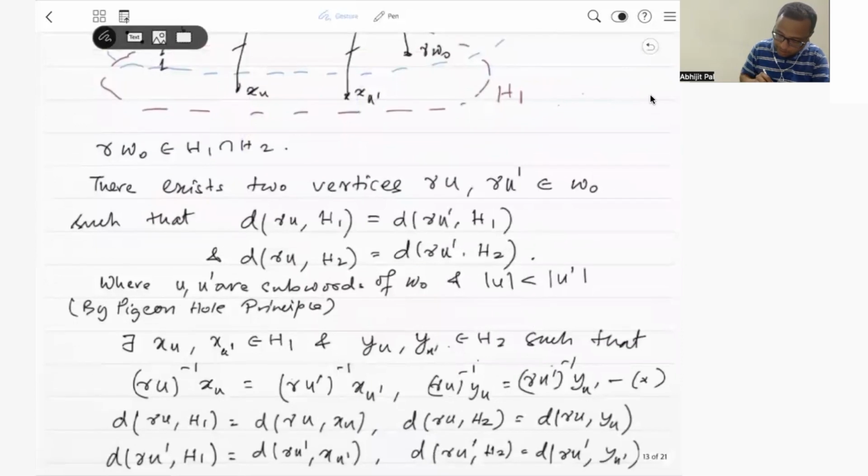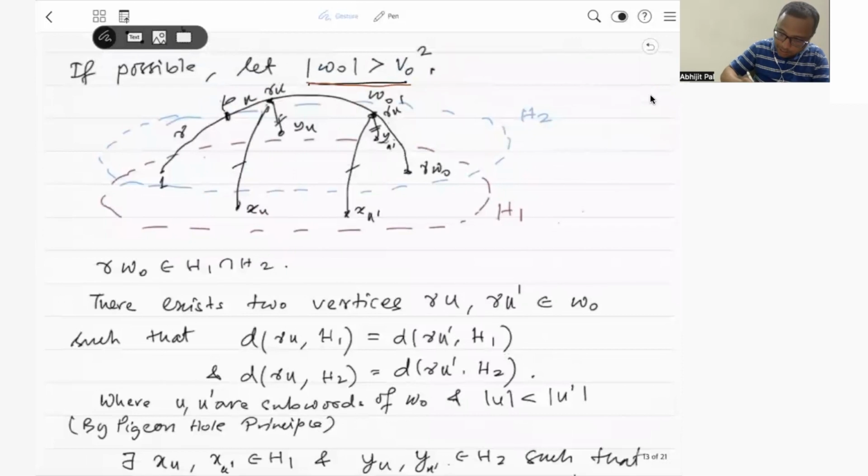So gamma u inverse xu is equal to gamma u prime inverse xu prime, and the distance between gamma u and yu is the same as the distance of gamma u prime to yu prime.